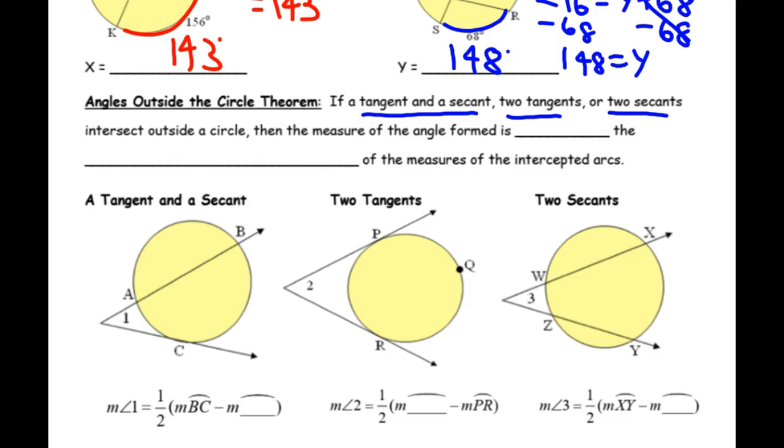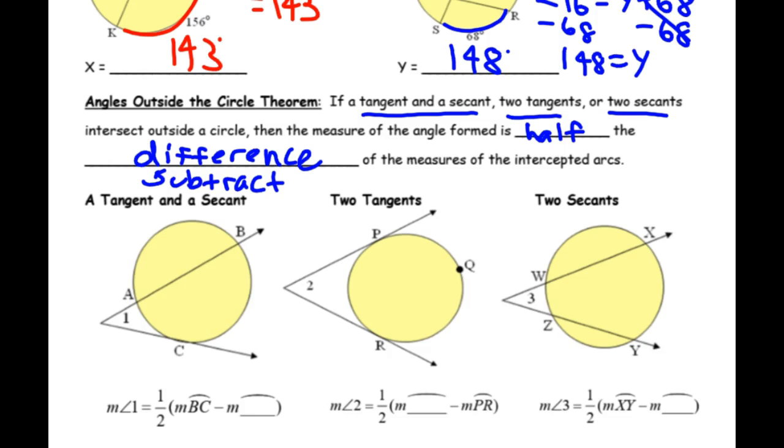Okay. So the measure of the angle formed is half. Instead of sum, this is going to be difference, which means we're going to subtract. Okay. Last time was half of the sum on the inside.